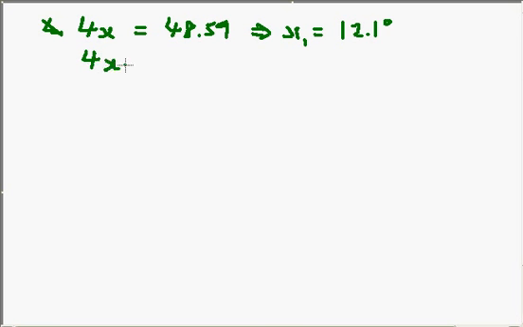If I have a look at the other solution, so 4x is now 131.41, then x2, my second solution, will be 32.9. Now they are both between 0 and 360, so that's fine. They are 2 of the solutions out of the 8.